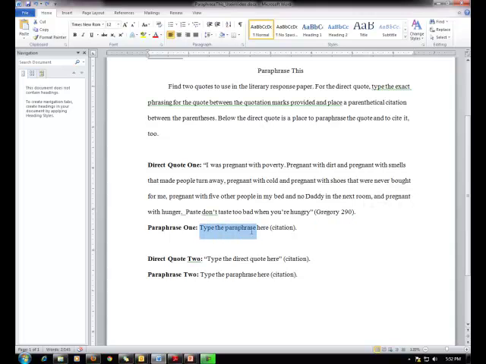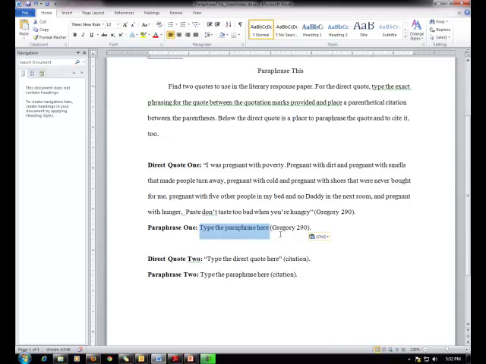Then you need to take a stab at paraphrasing. And so I've obviously preserved the spaces for you to be able to type your direct quotes and type your paraphrases in. When you do the citation, you're going to provide the same citation that you did for your direct quote, and it has to go in parentheses, and make sure that the paraphrase is actually typed before the citation.